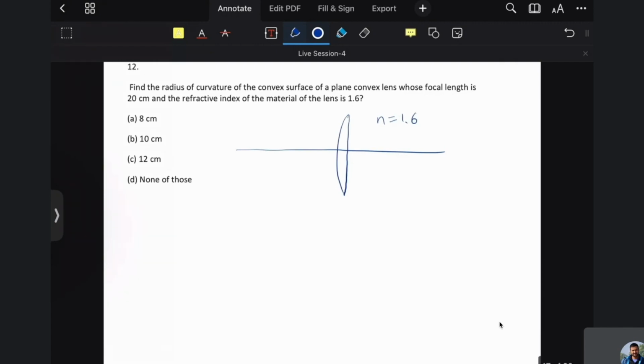So whenever you have information about refractive index and focal length, you can blindly use the lens maker formula, which is given by this: 1 by f equals (n minus 1) times (1 by R1 plus 1 by R2).